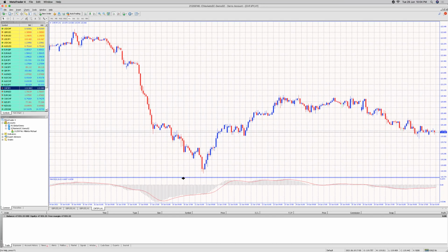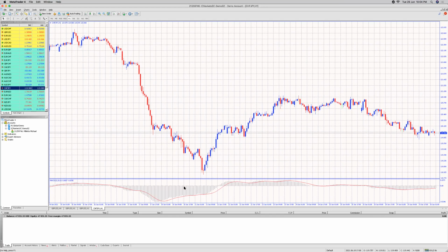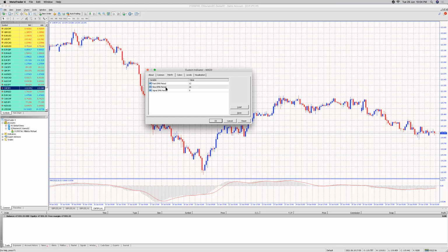So we have one line you're seeing. Yes. All right, so let us go into the properties here. Inputs, fast, slow, signal, colors.